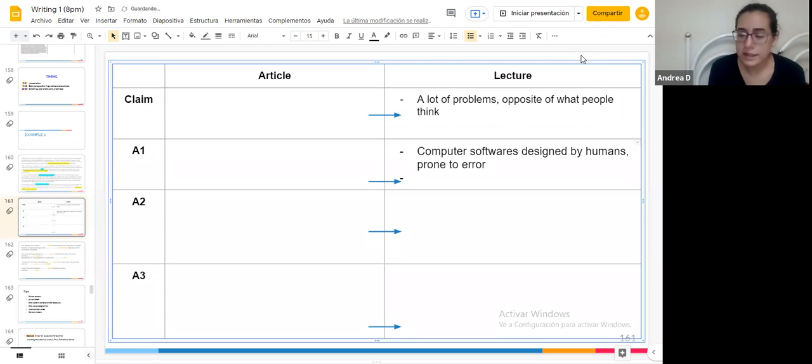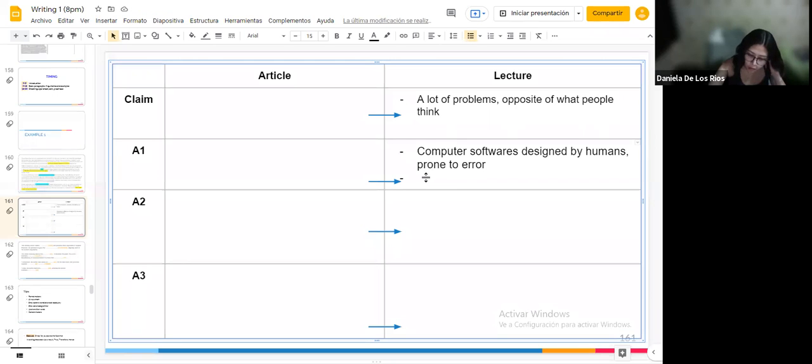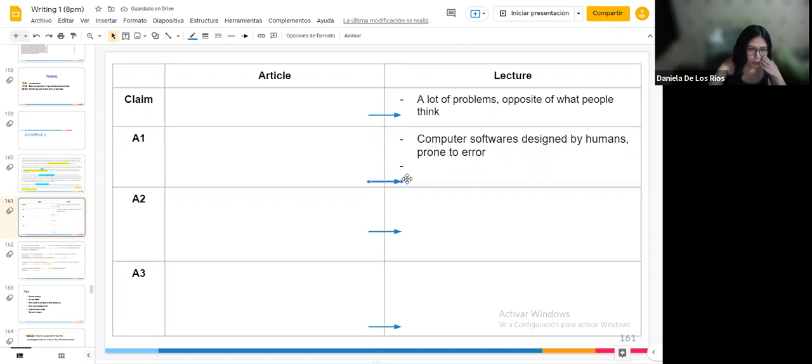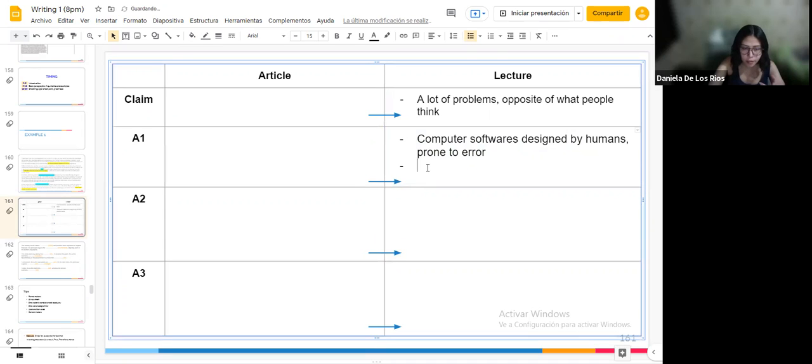Now, anything else? Does the professor say anything about the example? Yes, he said that the car in the example of the article just hit another car the past month or something like that.